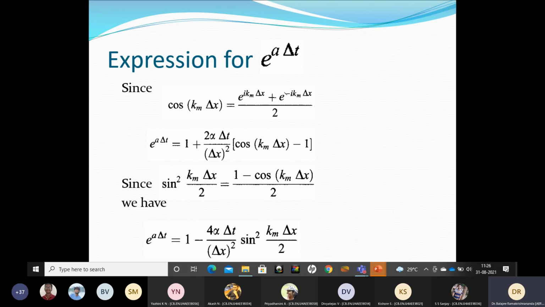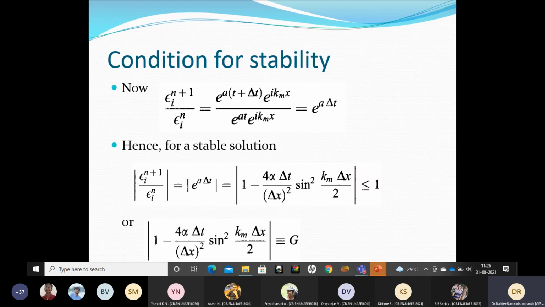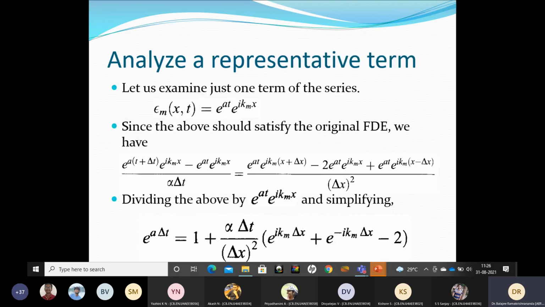So you'll get e power a delta t is 1 minus 4 alpha delta t by delta x squared into sin squared km delta x by 2. I am warning you, this derivation is a little bit involved and you have to refer back to the earlier one, so please go through it once or twice more so that you remember this. Now, when you take the ratio of the error at n plus 1 time step and the error at n time step, you will get e power a delta t.